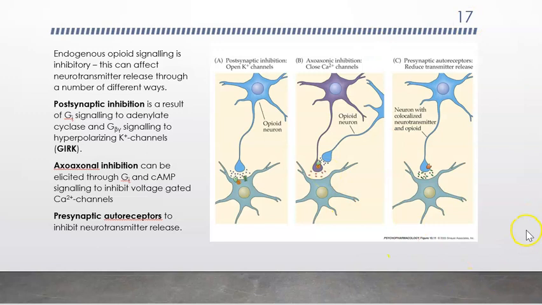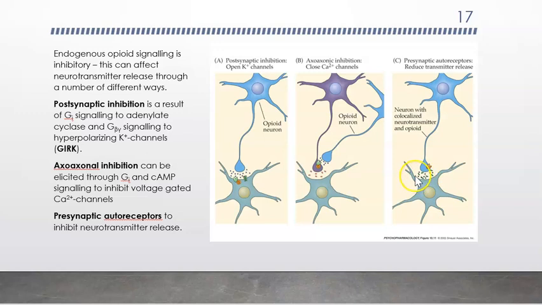Now, the third type is that our endogenous opioids can actually act as autoreceptors on the presynaptic cell. So here we've got our opioid neuron that co-localizes with neurotransmitters, which means this cell releases not just opioid peptides, but also neurotransmitters. So when excited, this presynaptic cell is going to release both neurotransmitters and opioids.